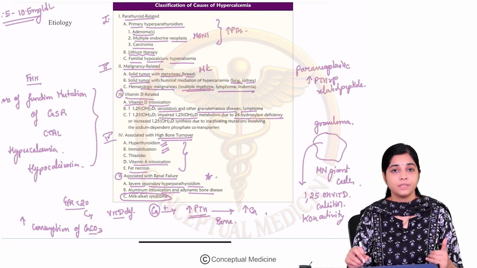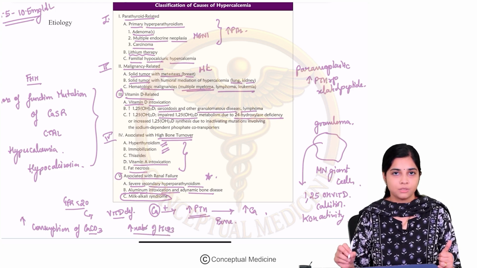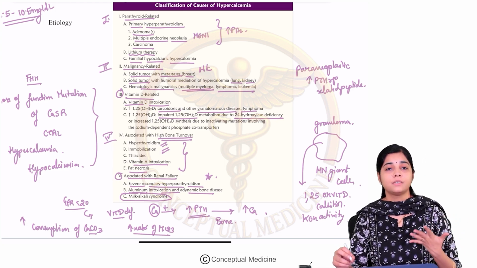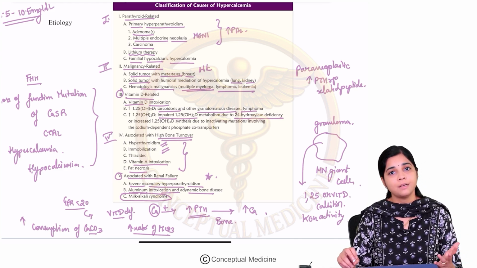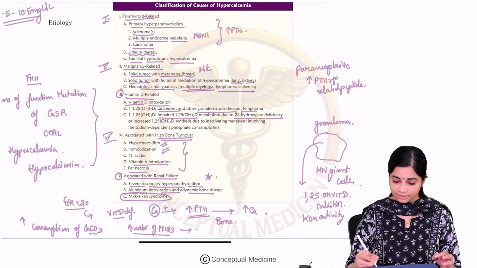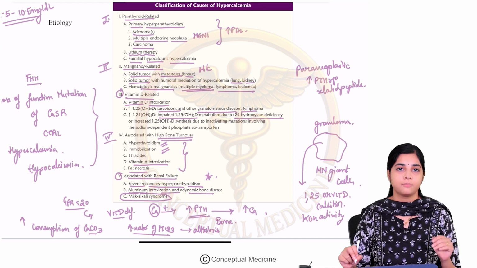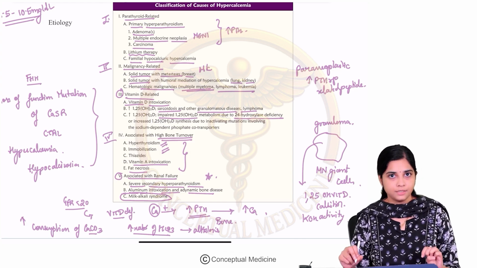In this condition, there is increased reabsorption of bicarbonate as well, because excessive calcium can cause dehydration, and in this dehydration there is increased reabsorption of bicarbonate from the kidneys causing alkalosis. This is the reason why it's called milk alkali syndrome. So the basic point is that milk alkali syndrome is associated with increased consumption of antacids containing calcium carbonate.